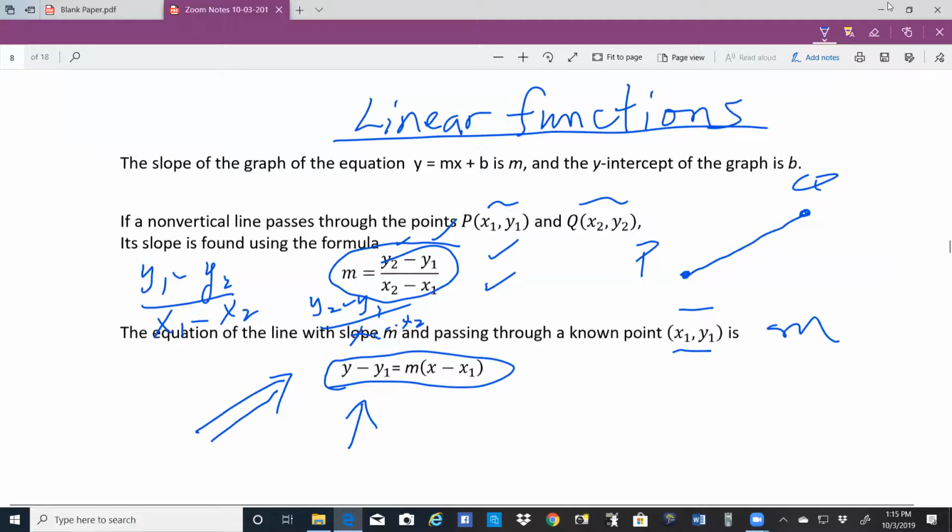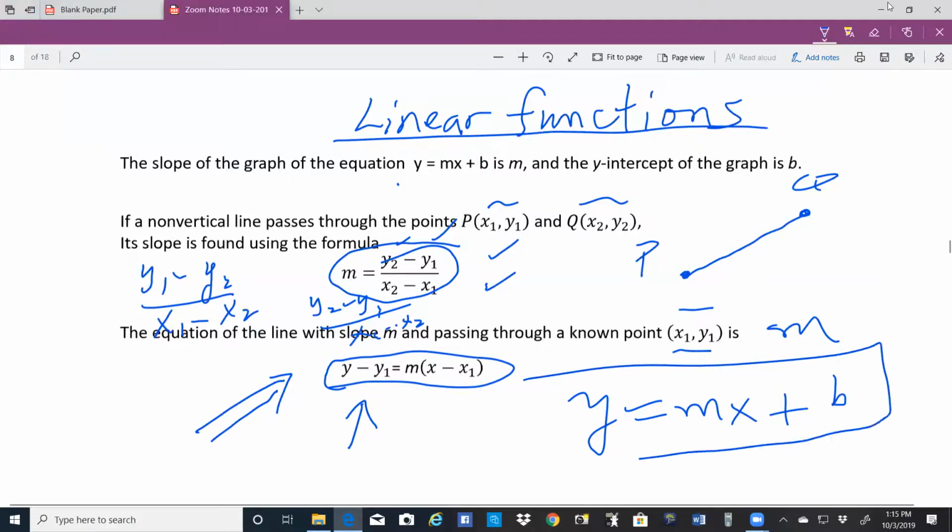And the other one, y equals mx plus b, is probably the equation that most people remember for a straight line with a slope m and a y-intercept b.